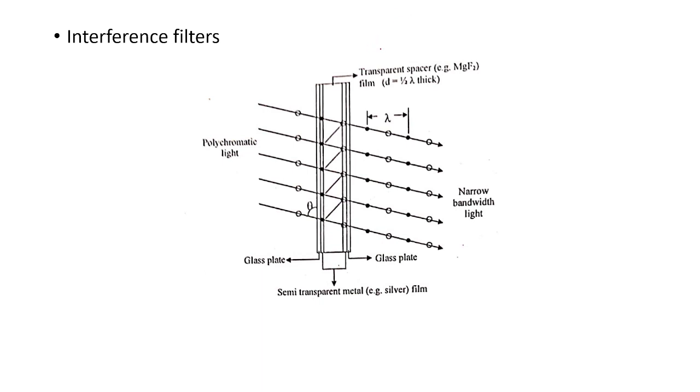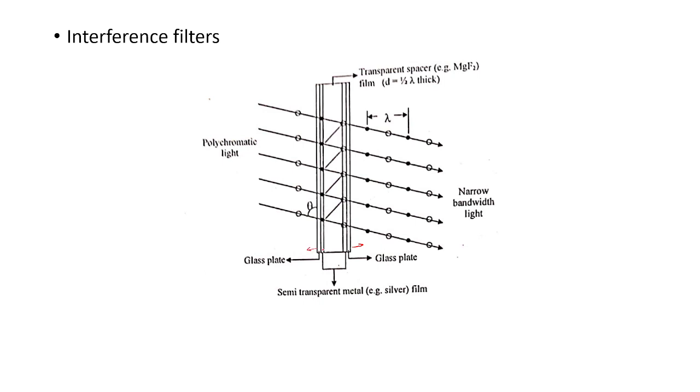Okay, for example, this is a glass plate. This is the semi-transparent material in the diagram. It means this film is coated on the glass plate. Here also glass plate, here there is glass plate, and here there is glass plate.